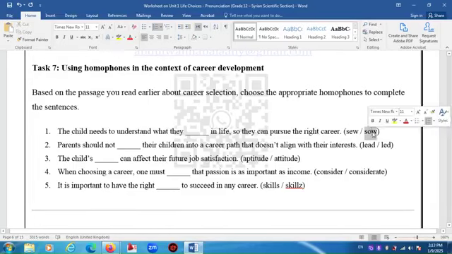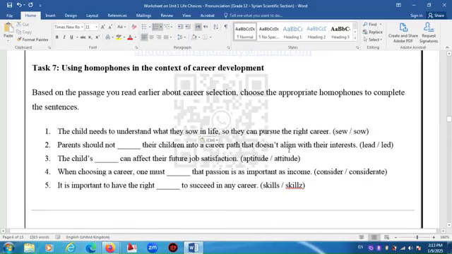What's the homophone? Want, to ask for, not wont. So, to choose what they want in life. "Parents should not lead their children into a career path."